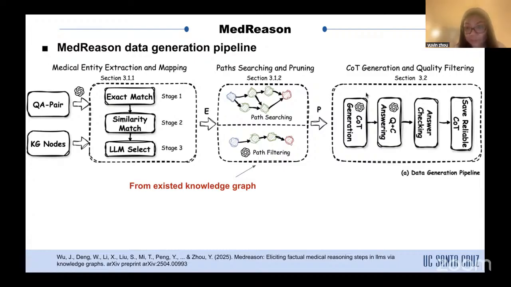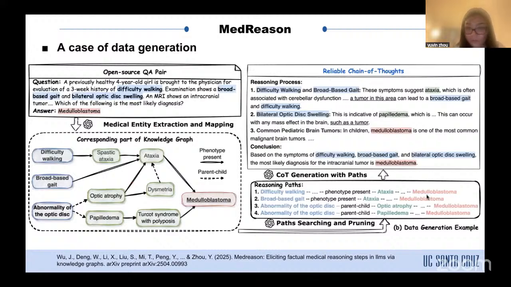And finally, the third step is called COT generation and quality filtering. Basically, we take all of the final paths retrieved from the second step and throw them into another large language model to help us formulate the final COT traces. So this is one case.